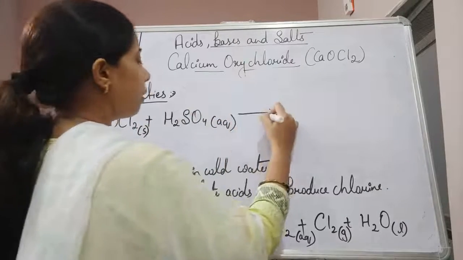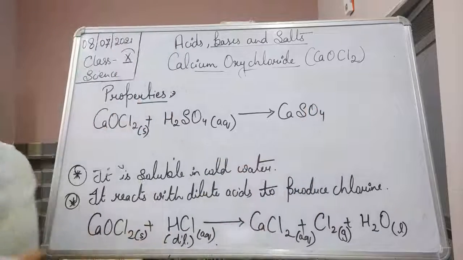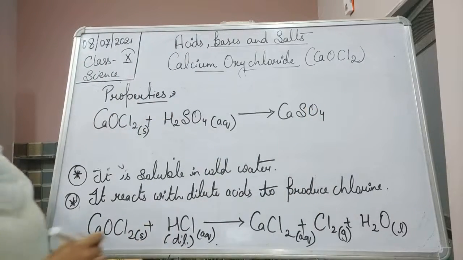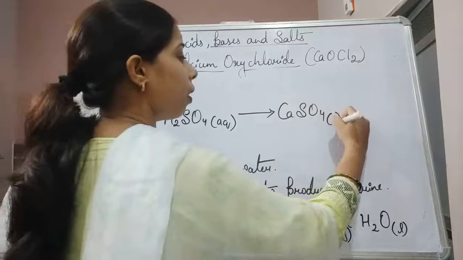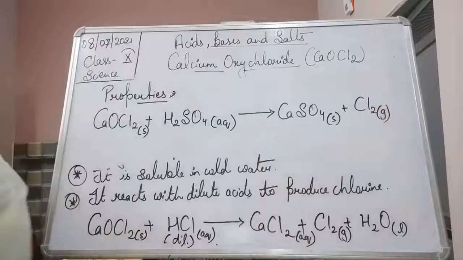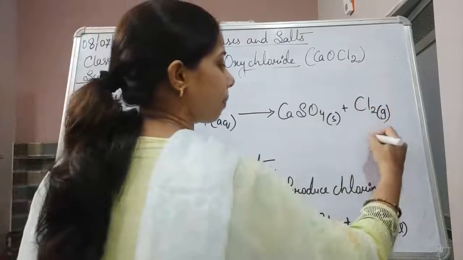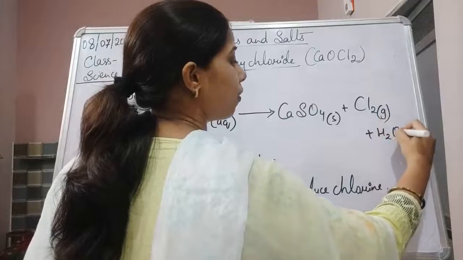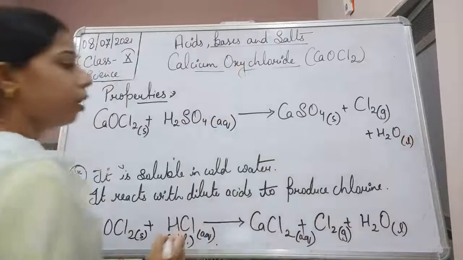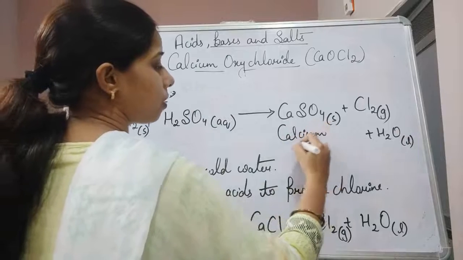What happened? There is a formation of calcium sulfate, which is in the form of a solid. Then chlorine gas is released. And finally, water is also formed along with it, plus H2O, which is in the form of a liquid. So this is calcium sulfate.